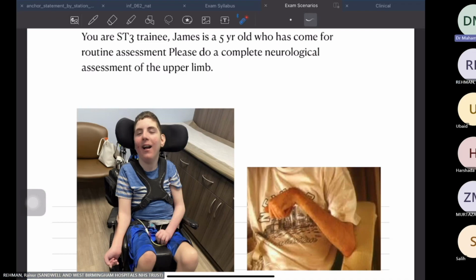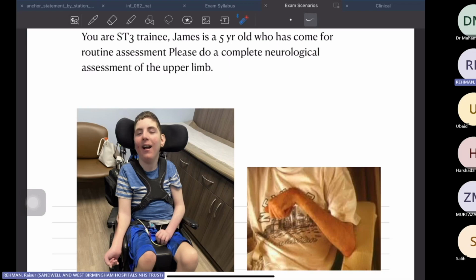Okay, so now I will start the palpation. I will ask the mother, has he any pain while touching the arm? No. She doesn't report any pain. Okay, so I will start from the hand and check the tone of the hand muscles, the small muscles, the fingers.